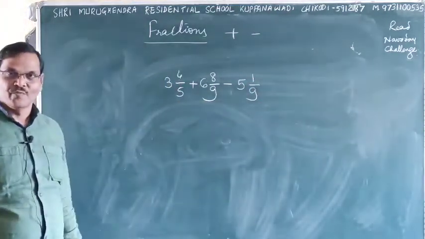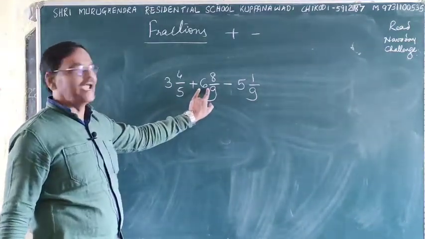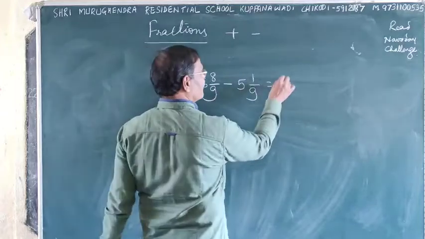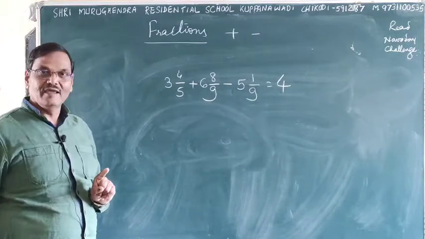If it is so, then we have to go. See, 3 plus 6, 9. 9 minus 5, 4 it is. Okay.